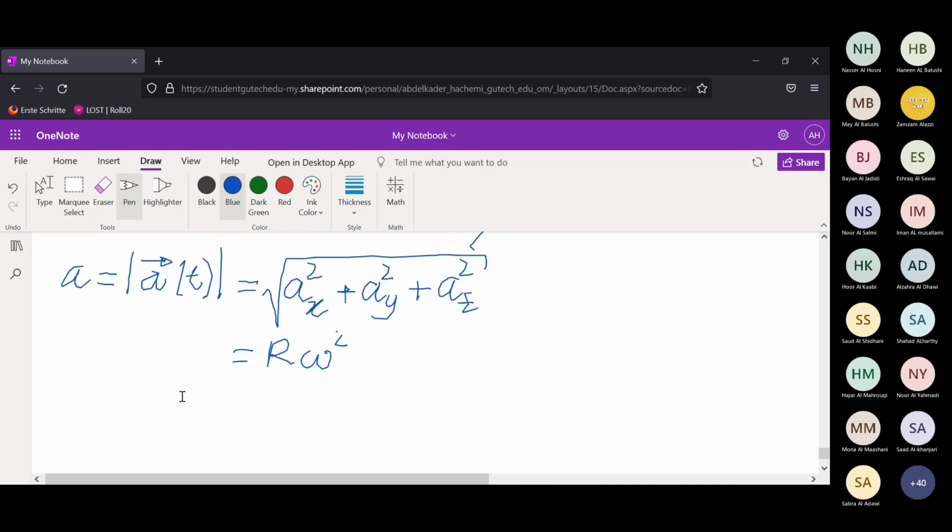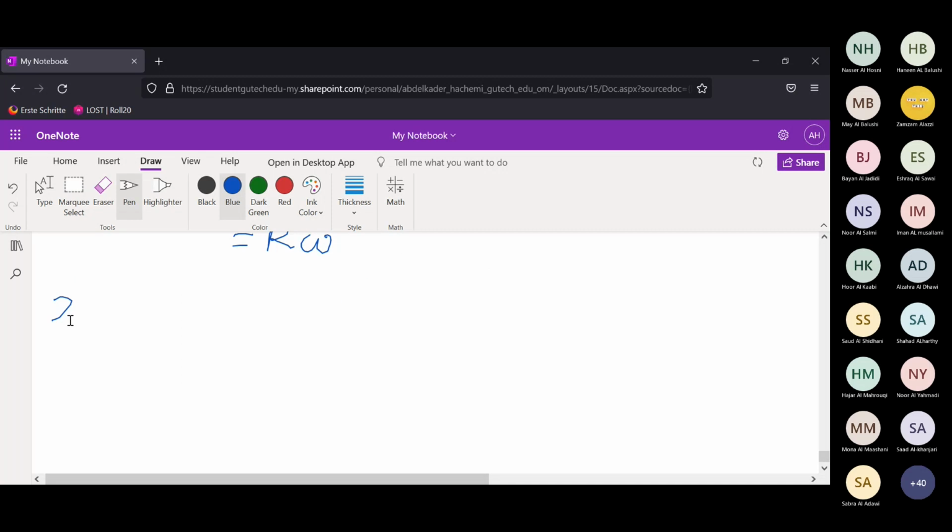Then if we search now for the second question, the unit vector of the accompanying three axes, what we get from the first part of the description of the velocity, we know that the velocity v is always given in the tangential direction. That means we have v in the tangential direction.